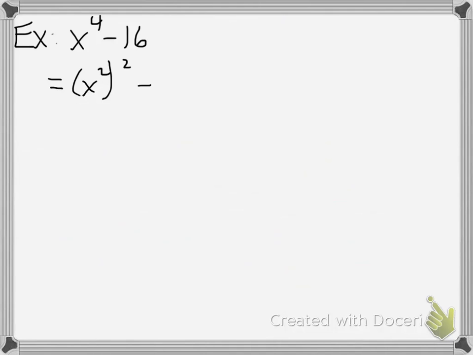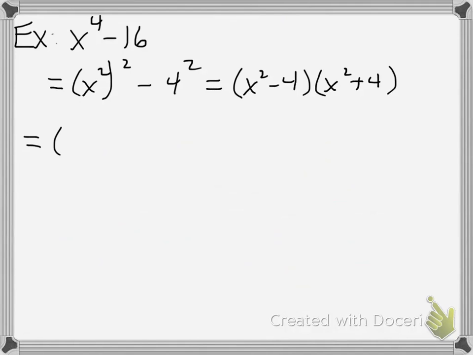Okay, so when I raise an exponent to an exponent, I'm going to multiply them. So 2 times 2 is 4. 16 is 4 squared. So this is going to factor into x minus 4, x plus 4. I said that wrong. It's going to factor into x squared minus 4 and x squared plus 4.